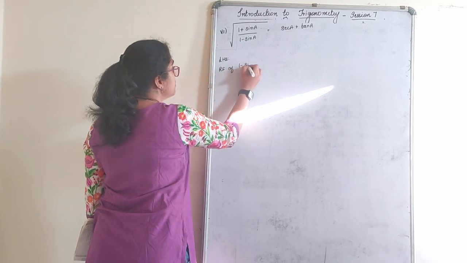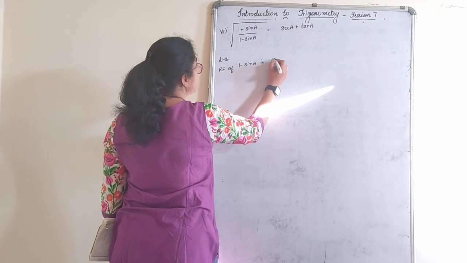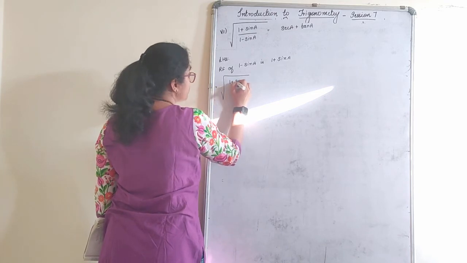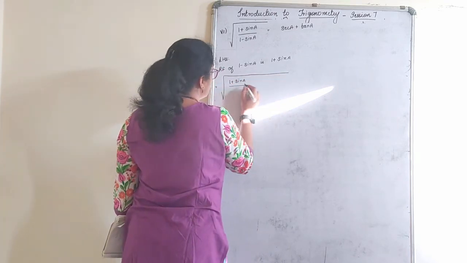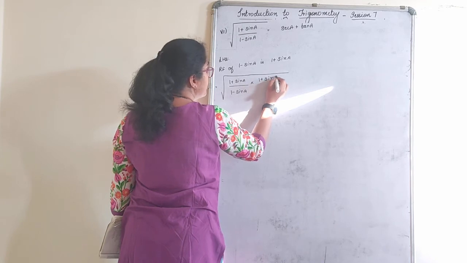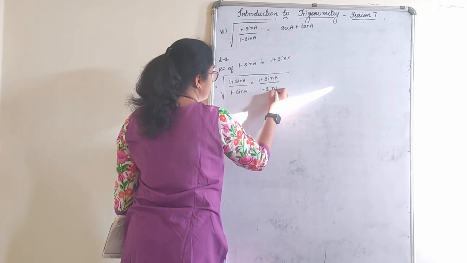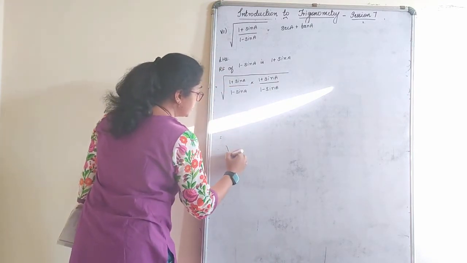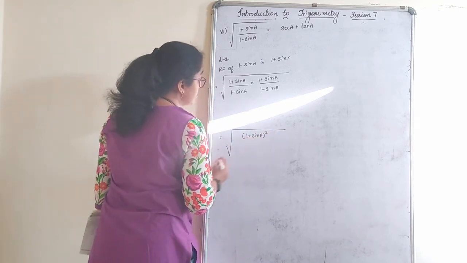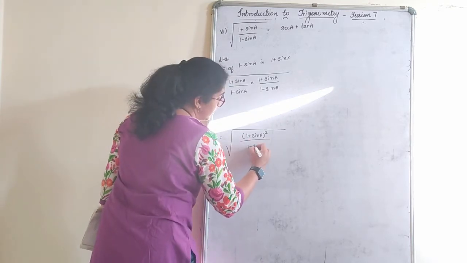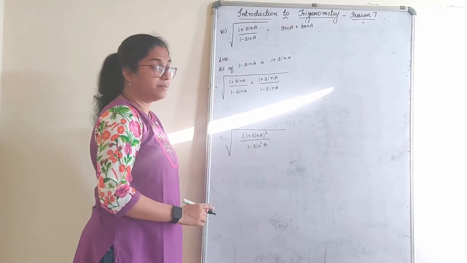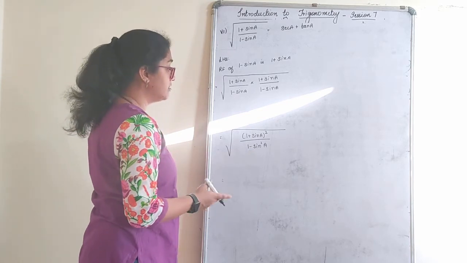The rationalizing factor of 1 minus sine A is 1 plus sine A. 1 plus sine A upon 1 minus sine A into 1 plus sin A upon 1 minus sin A. Numerator will be in terms of A plus B whole square: 1 plus sin A whole square divided by 1 minus sin square A. Now don't write here again A square plus B square plus 2AB, and this in terms of cos square. You can also do that. It can be done.